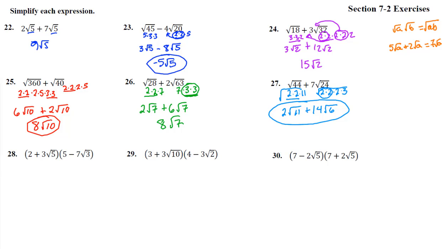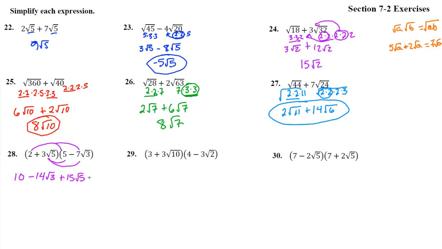All right, number 28. Okay. Ooh, this is a binomial, so we have to remember to distribute each set. So we get 10 minus 14 square roots of 3. And again, these get treated just like an x or a y. And then we jump this in and we get plus 15 square roots of 5.